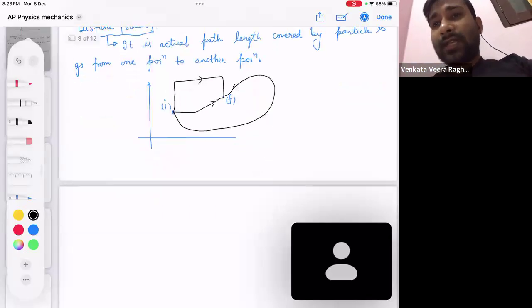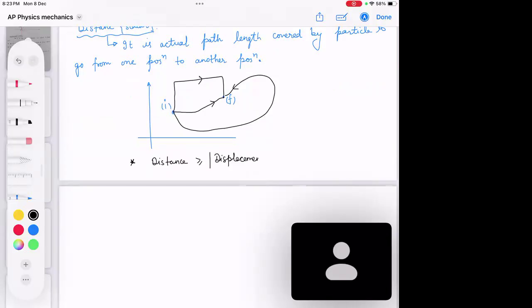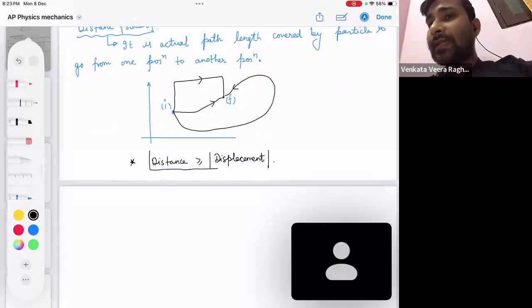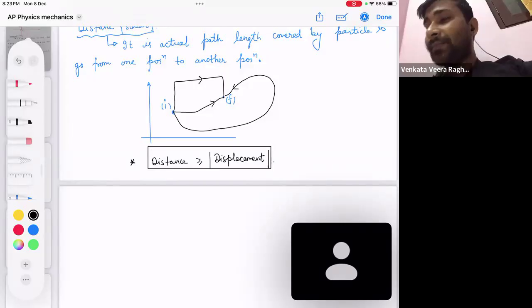So can I write one thing? Please tell me if you all agree. Distance is always going to be greater than or equal to the magnitude of displacement. Is it possible that the distance is smaller than the displacement magnitude?